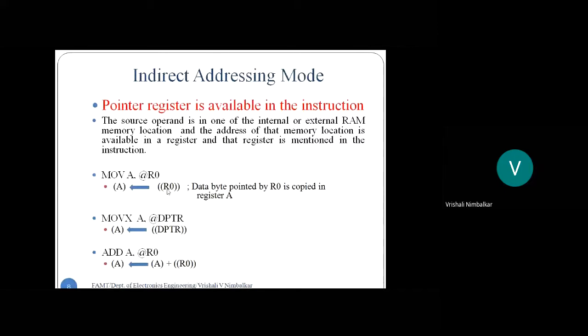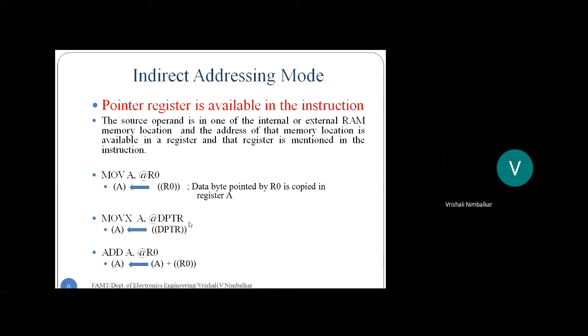R0 register has an address. R0 is holding an address. And what is the content of that address? The data byte. Hence the double brackets. So the data byte pointed by R0 is picked up and copied in accumulator. The source operand is denoted by a pointer register R0.